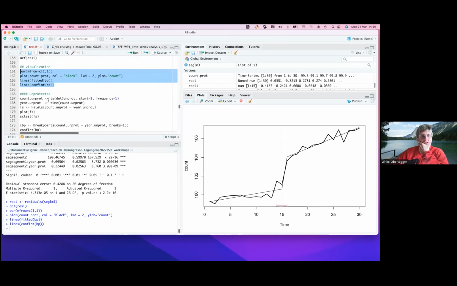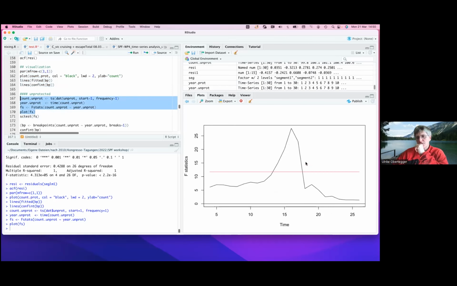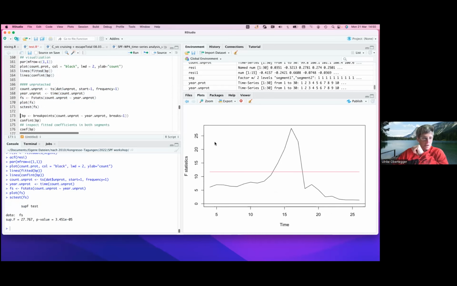The same thing is now done for the unprotected area. This means doing the time series, getting the year component, doing the testing, and plotting it, the 4 lines. Okay, so here it's highly statistically significant. We are doing the test, and you also get that the change point is highly statistically significant.